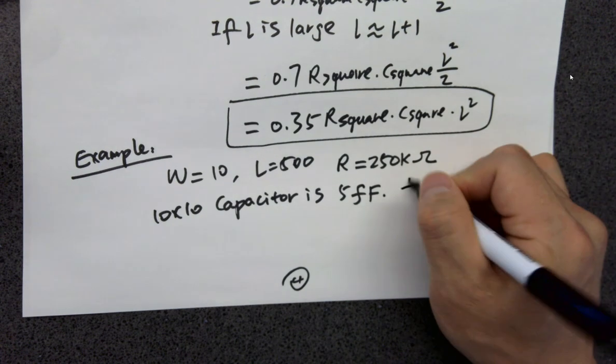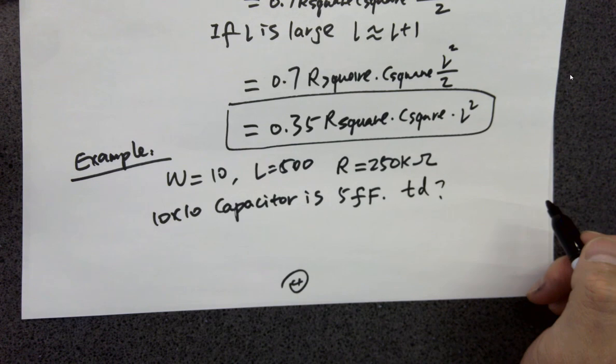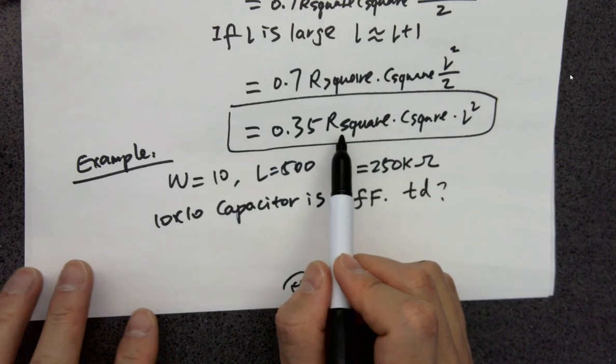What is TD, the time delay from one terminal to the other terminal? What's the first thing to calculate? Just look at this equation here, right?